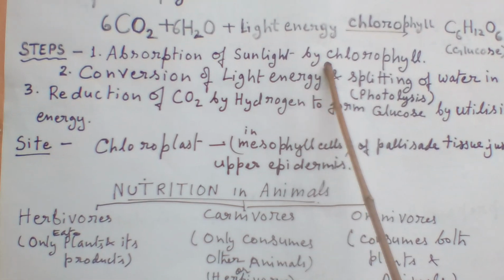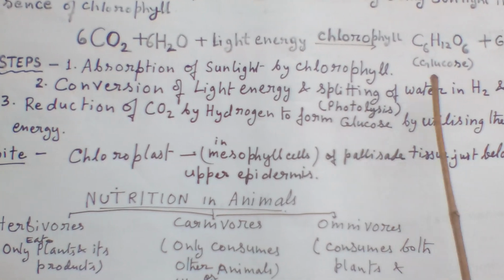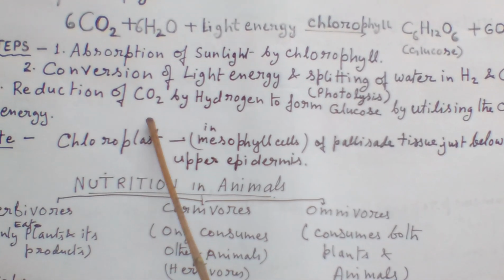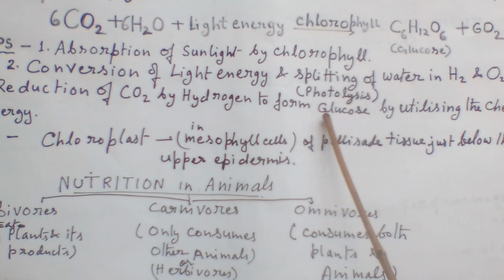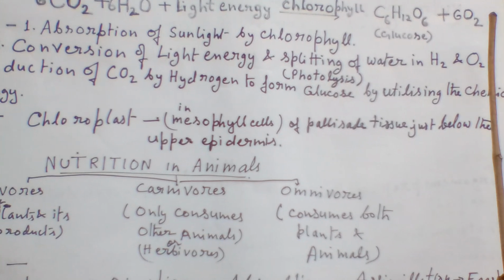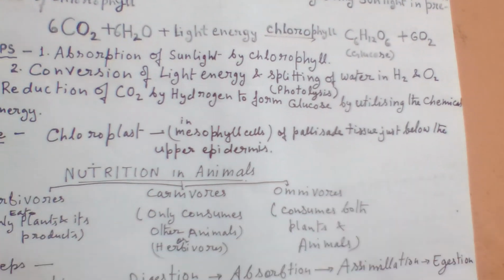First is the absorption of sunlight by chlorophyll, then conversion of light energy and splitting of the water molecule, and then reduction of CO2 to form the glucose molecule. And in that process, a huge amount of oxygen is also released. So this is one of the byproducts of photosynthesis.